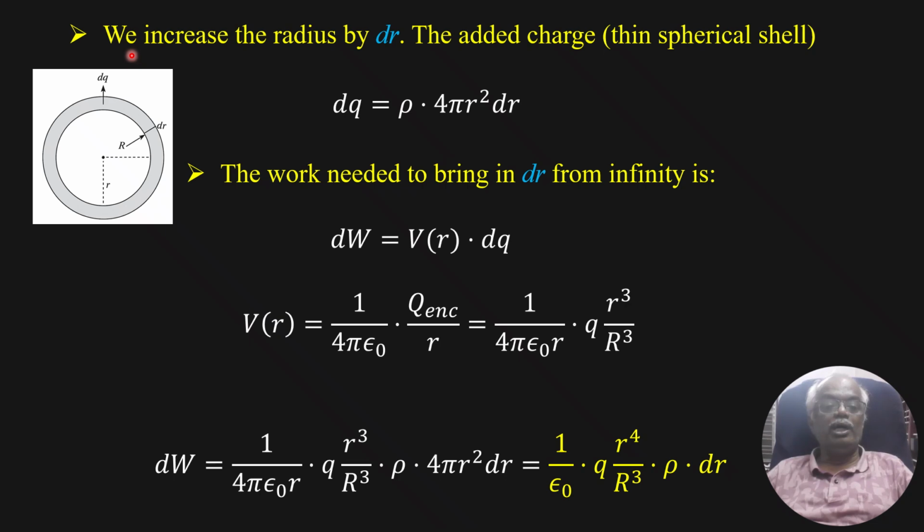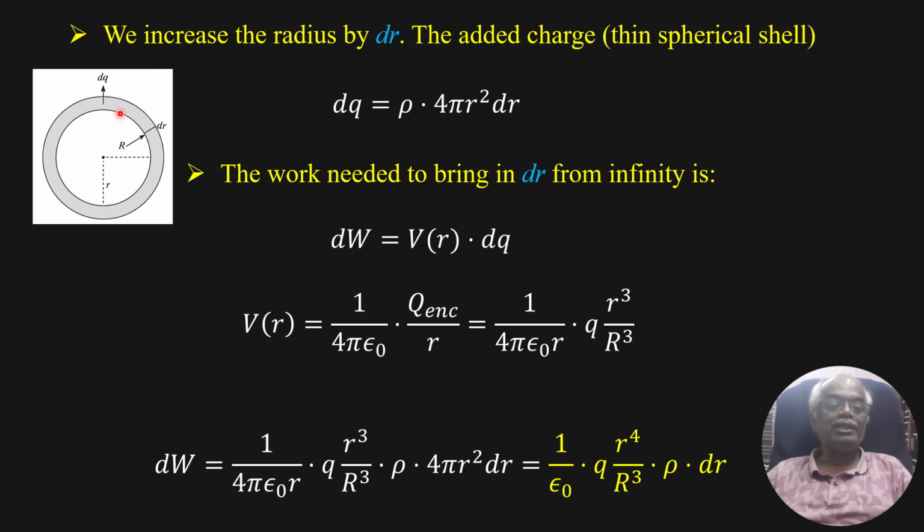And now we are increasing the radius by an amount dr. That is, we are creating the extra spherical shell as shown by the shaded line. So the other charge, the thin spherical shell, dq, is the charge we are adding to the original sphere. So dq is equal to rho, that is the volume charge density, multiplied by the volume.